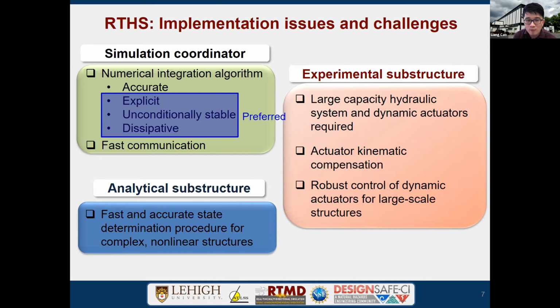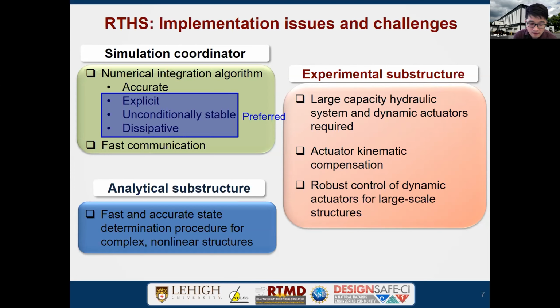And at Lehigh, we prefer to use an explicit integration scheme. Typically, integration schemes can be characterized as implicit or explicit. Explicit schemes mean the next step of response, for example displacement, depends only on a combination of the current step and the previous step.